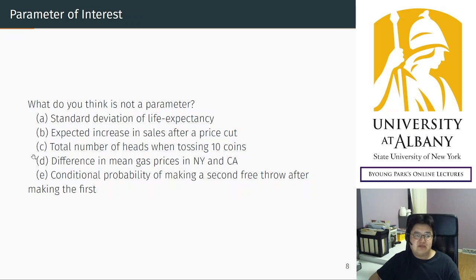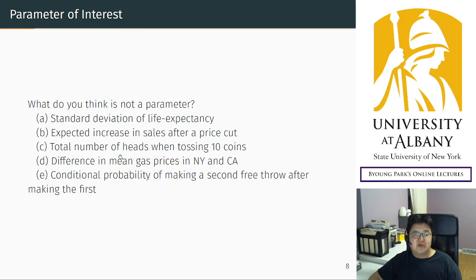So here are 5 examples. Assume you'd like to estimate something. Then one of these cannot be the target. So guess what is not a parameter? You are estimating something, and that something should be a parameter. Then what is not a parameter here? A, standard deviation of life expectancy, like someone lives longer and someone dies early. B, expected increase in sales after a price cut.